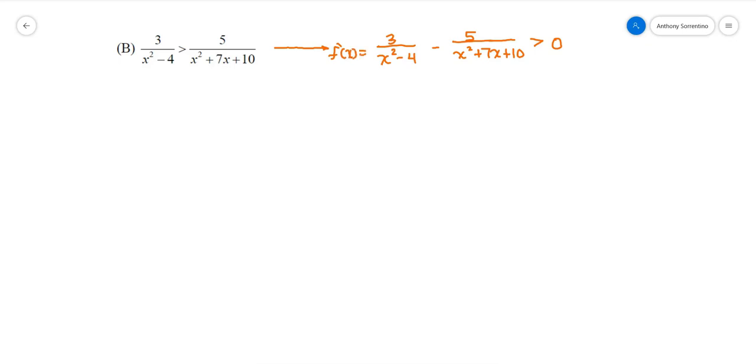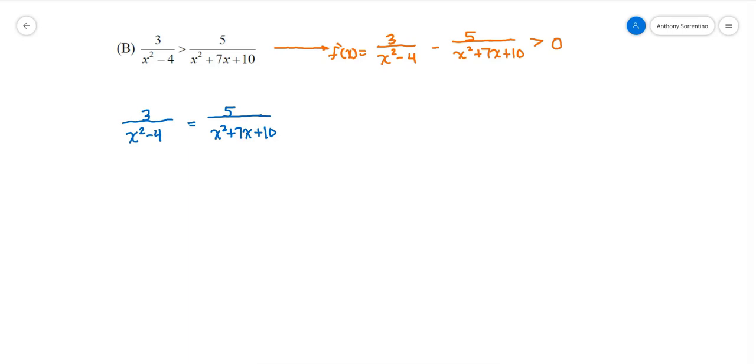And once I figure out values of x that I want to try out on my number line, this is what I'm going to eventually plug them into. But the other thing I have to look at is those domain restrictions, because I want to solve this equation in the long run.